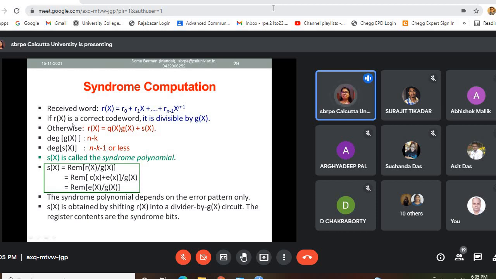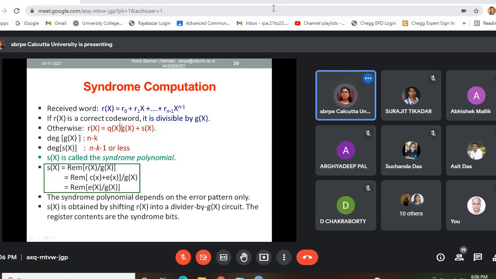If Rx is a correct code word, it is divisible by Gx, because in the systematic way of generation of your cyclic code, we have generated the Bx, which is nothing but x to the power n minus k Ux divided by Gx.